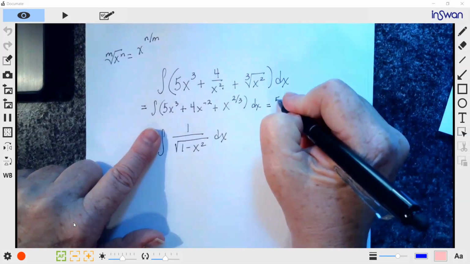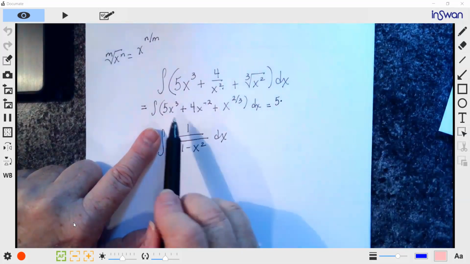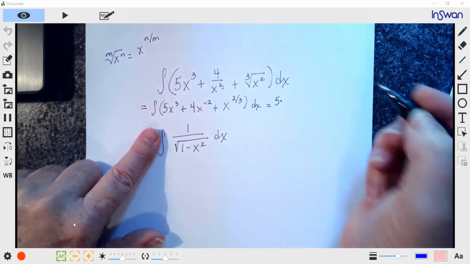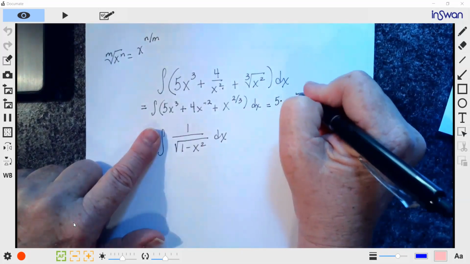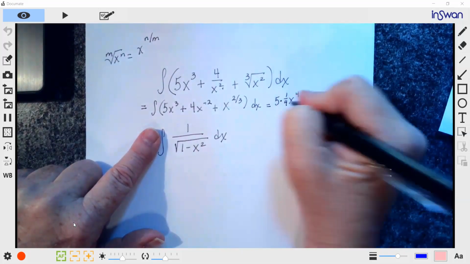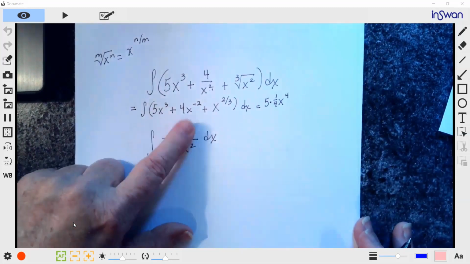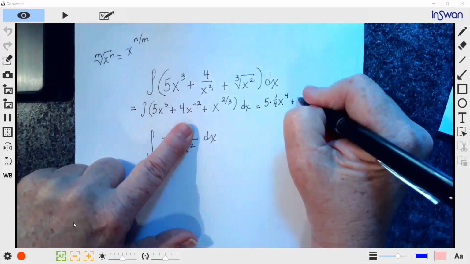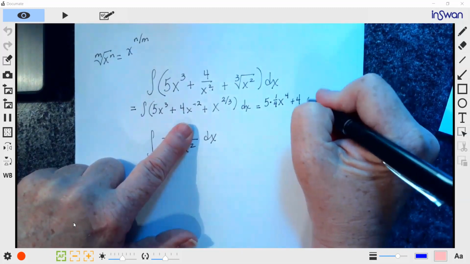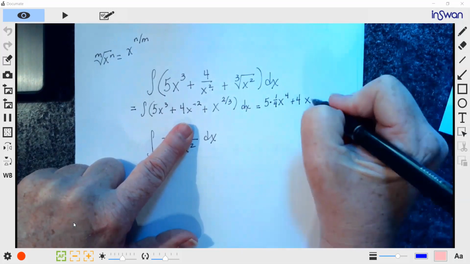So we would have 5 times the integral of x to the 3rd, which will be x to the 4th times 1/4. Add 1 to the exponent and divide by the new exponent. Then we'll have plus 4 times the integral of x to the -2.